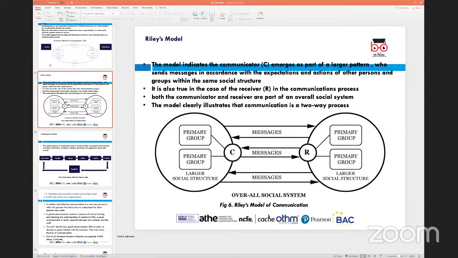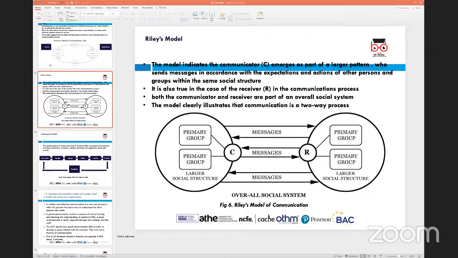And when we see members of a certain primary group and members of the receiver's primary group exchanging messages, then this tends to be what he defined as Riley's model of communication.